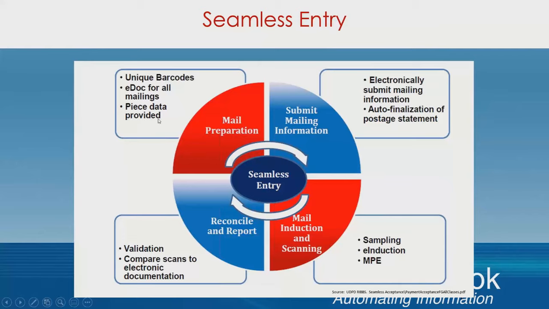Now, the mail is verified by reviewing the mail within the EDOC, and that's called EDOC verification, and then the comparison of that EDOC to the mail processing equipment, or MPE scans. That's called census verification. And then the comparison of that EDOC information to scans from sampling. That's called sampling verification. These three verification types together provide a complete view of the mail preparation.